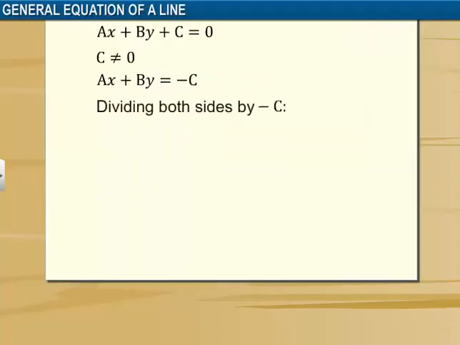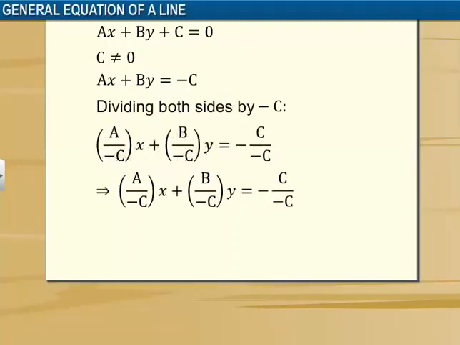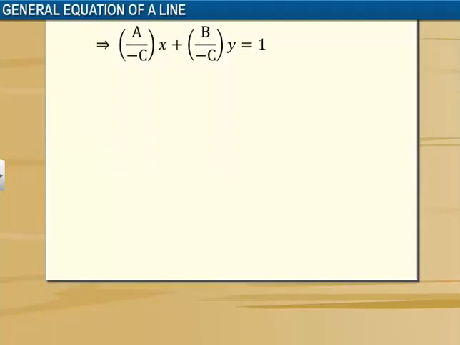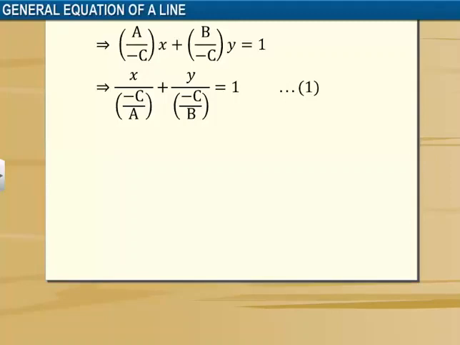Dividing both the sides of the equation by minus c, we get a upon minus c into x plus b upon minus c into y is equal to 1. Rearranging the terms, we get x divided by minus c upon a plus y divided by minus c upon b is equal to 1.